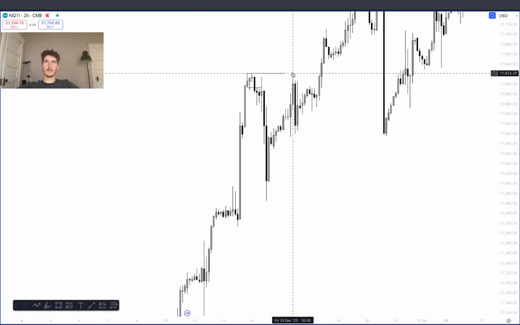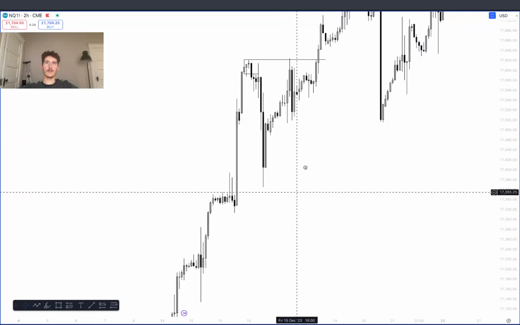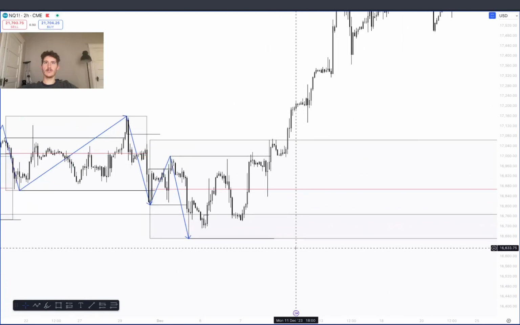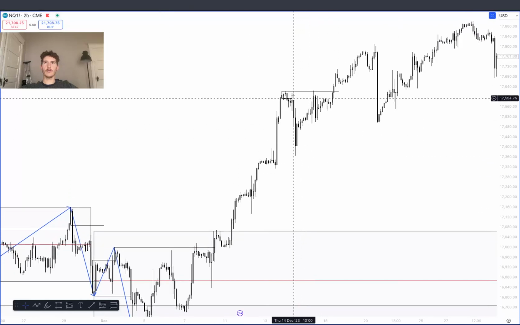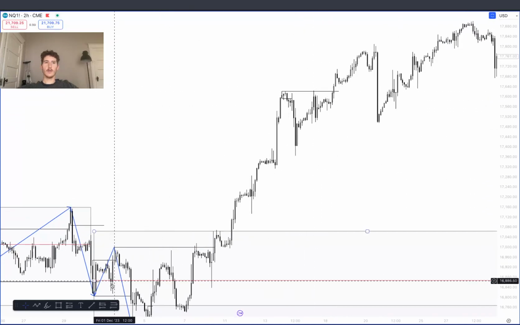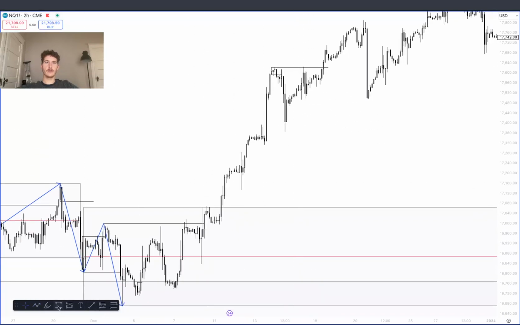the next time that we're going to mark out anything is either if we go all the way down and close below this flip low, this flip up low, or if we go and close above this external high. We go close above the external high, so now we have another swing.